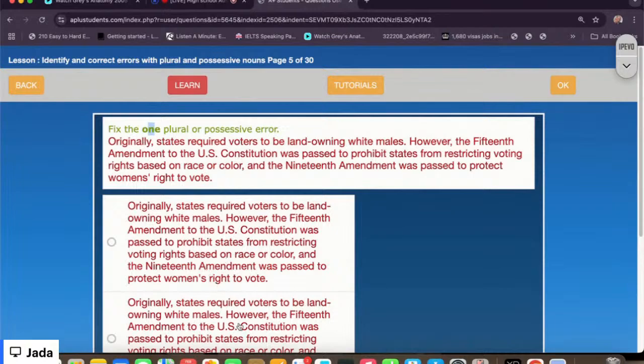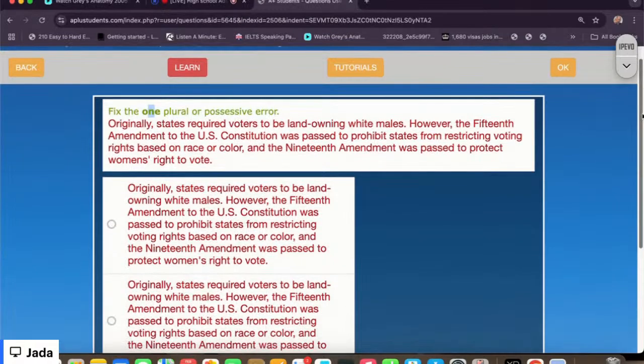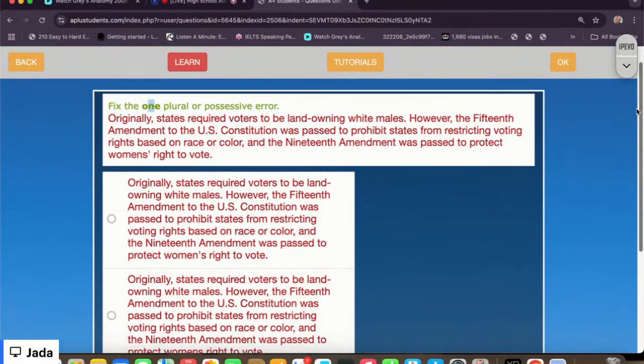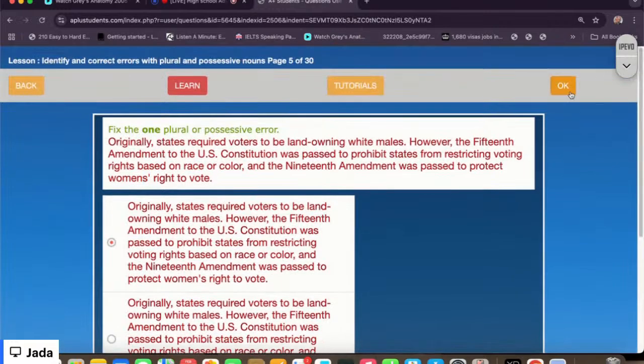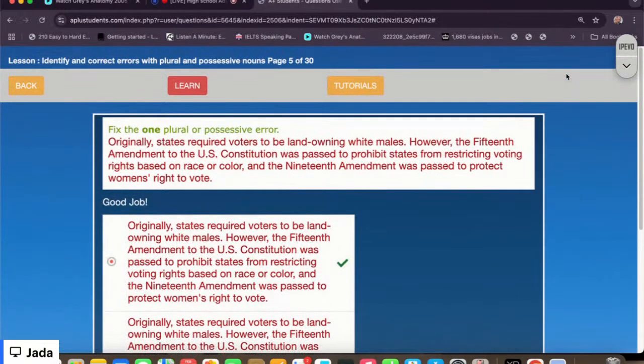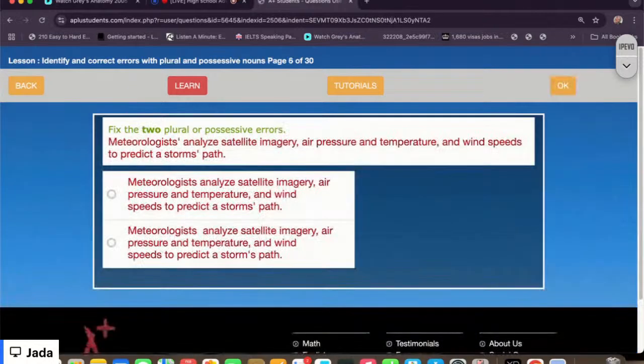So we have to just fix only one of the plural or possessive errors. So what do we fix over here? So women's rights. So the apostrophe is supposed to go before the S. All right. So women's rights.